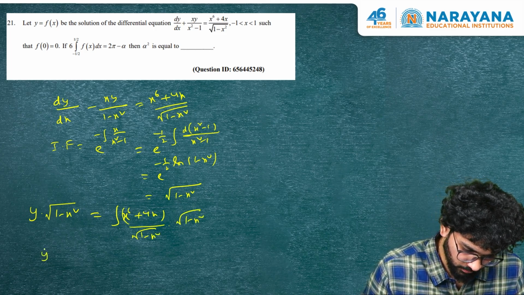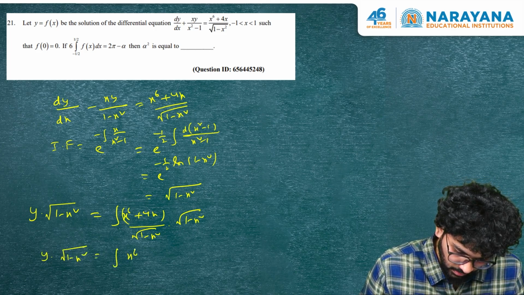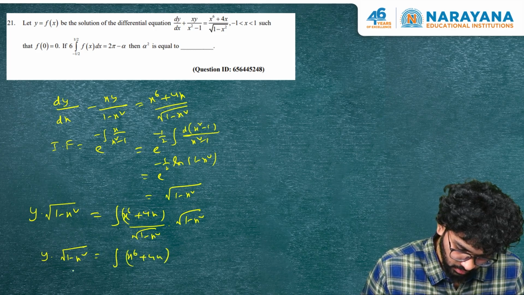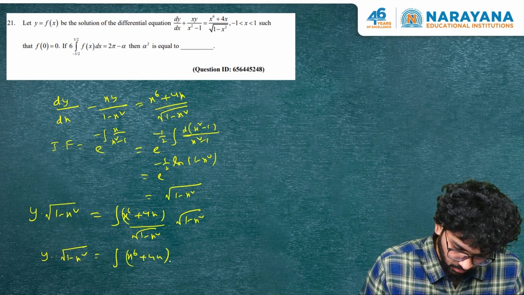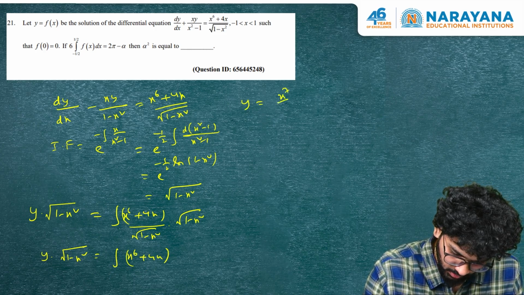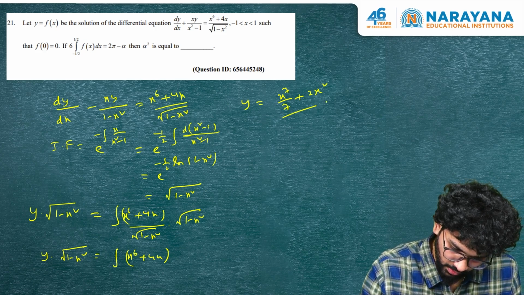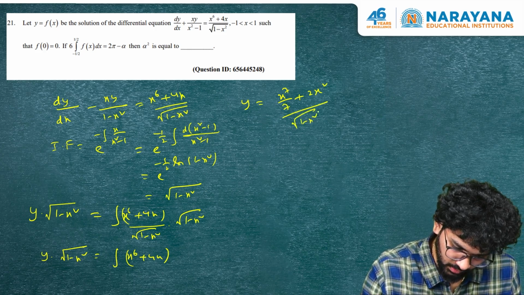So which will become y into square root of 1 minus x square equal to integral x power 6 plus 4x. So y is equal to integration of x power 6 as x power 7 plus 4x will be 2x square divided by square root of 1 minus x square.